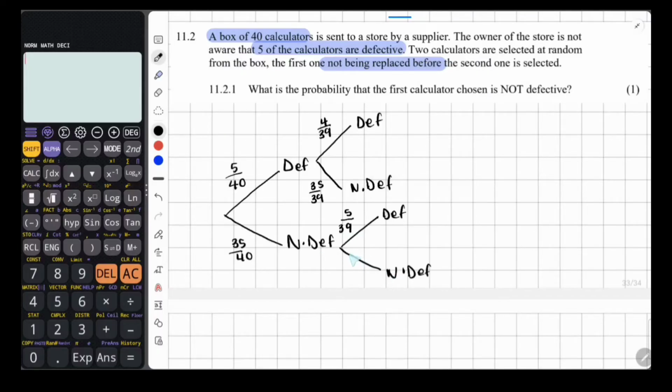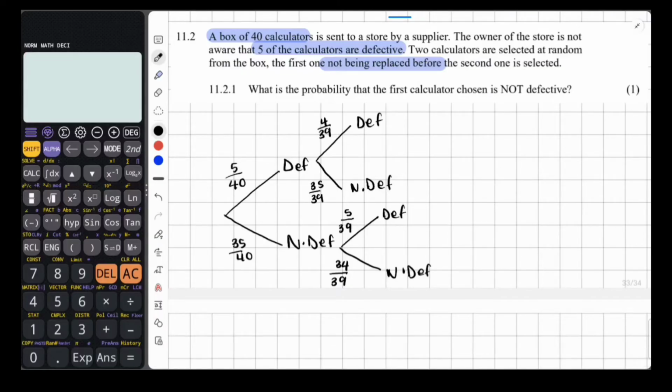Then the last one: what is the probability that we're going to get a non-defective calculator if you picked a non-defective calculator the first time? There'll be one less of it. So instead of 35, there are now going to be 34 non-defective calculators out of a total of 39 calculators. Okay, so that's what the tree diagram looks like.